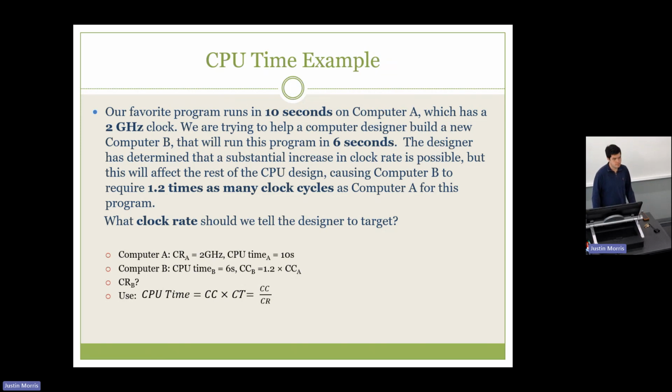First, because it's CPU time equals clock cycles divided by clock rate. Let's see, the time for B is 6 seconds.